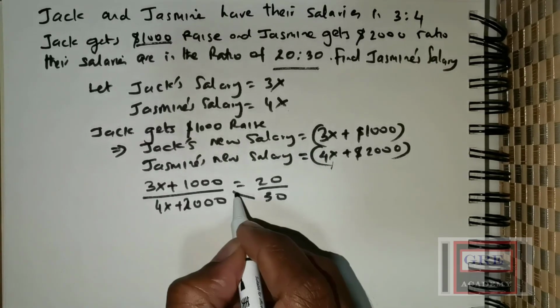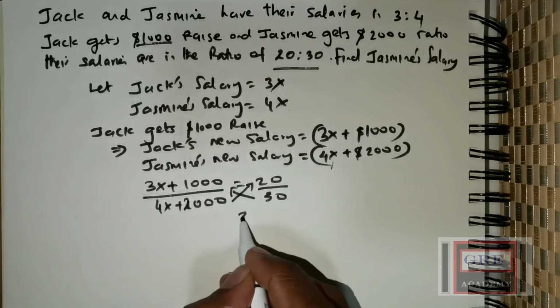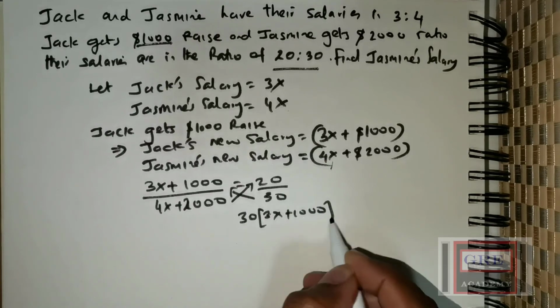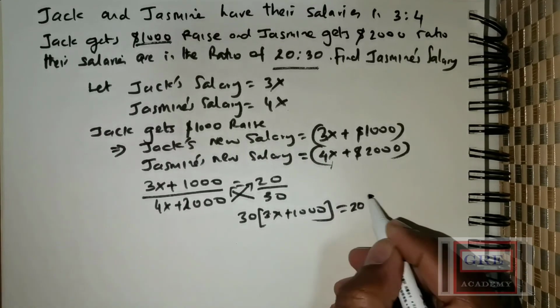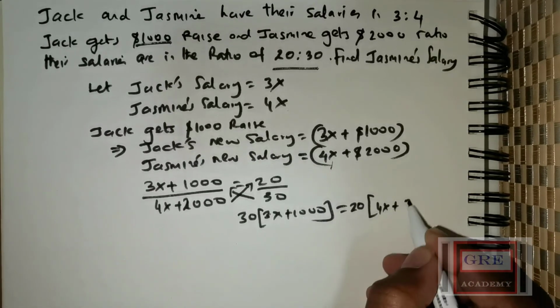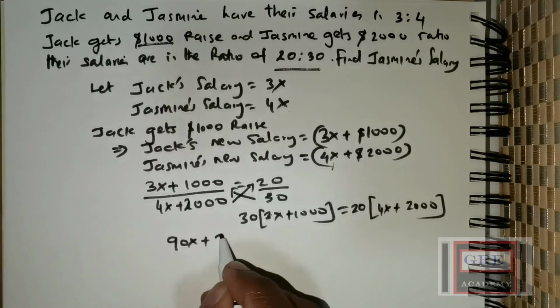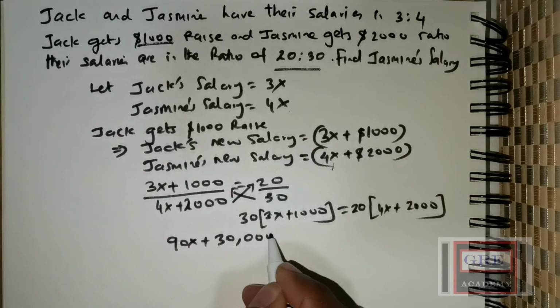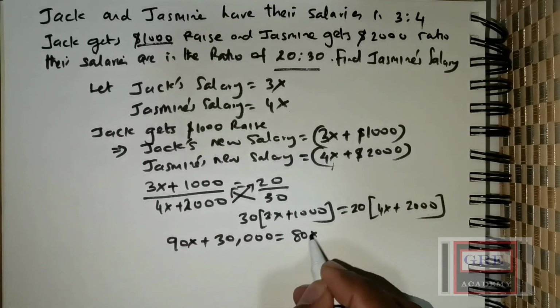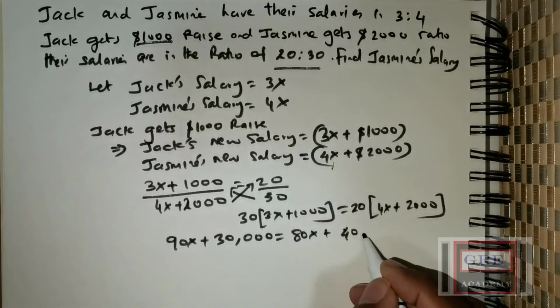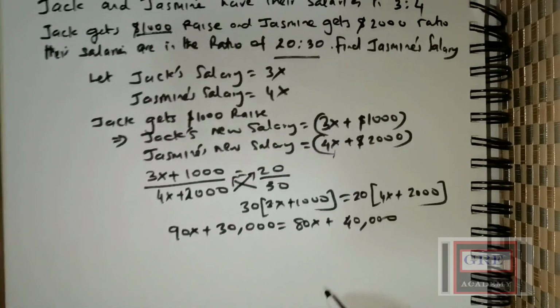We cross multiply, and that would give us 30 times 3x plus 1,000 is equal to 20 times 4x plus 2,000. This is 90x plus 30,000. This is 80x plus 40,000.